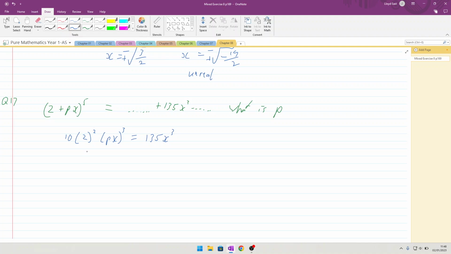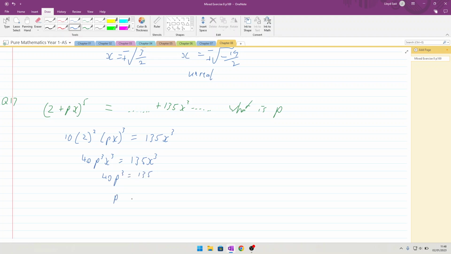Let's see if we can solve for p on that. So that's going to be 2 times 2 is 4, times 10 is 40. So we've got 40p cubed x cubed is equal to 135x cubed. The x cubes cancel, so we're left with 40p cubed equals 135.